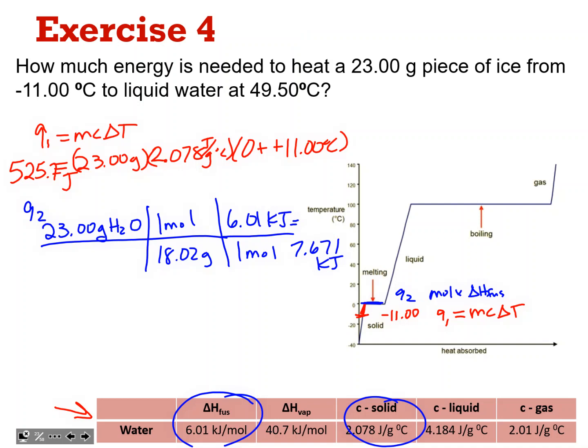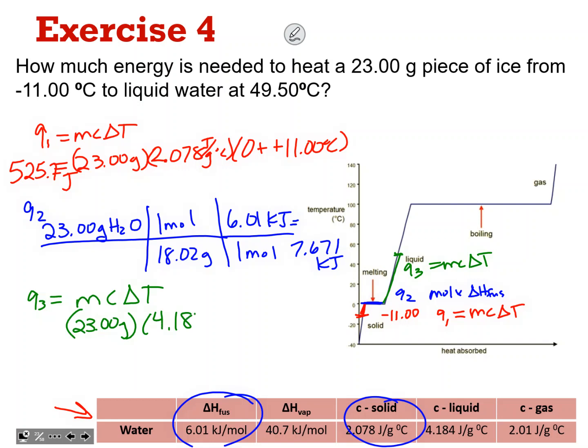And yes, the first answer is in joules, this one's in kilojoules. We will have to convert one to the other at the end. But we're still not done, because we still have to warm it. We have to go all the way up here to like 49. So that's Q3, which is going to be an mcΔT. For Q3, the only difference here is that we're in liquid water form. So what is our specific heat? 4.184.